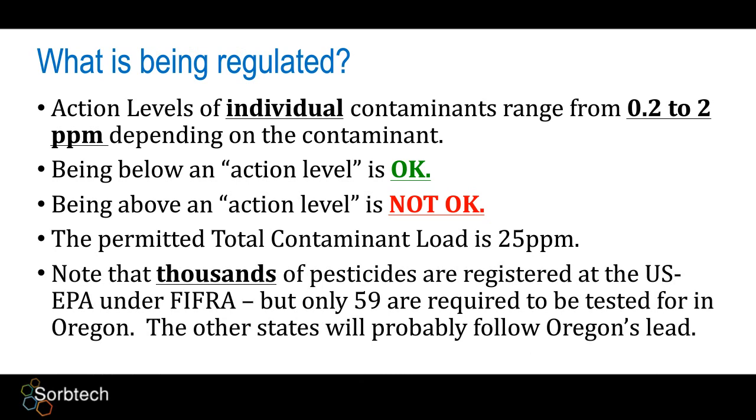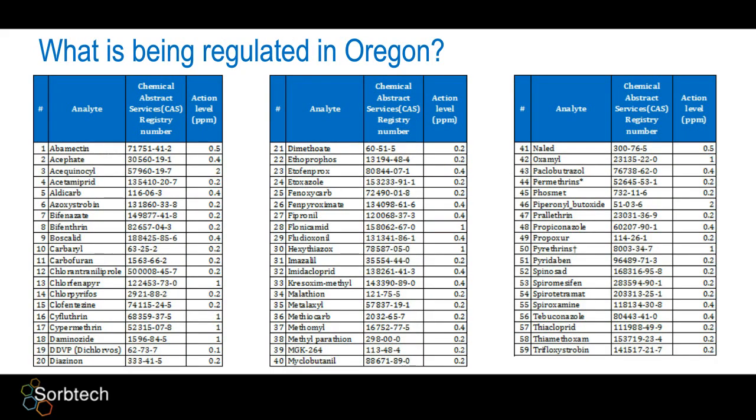Now, please note that there are thousands, actually probably tens of thousands, of pesticides that are registered at the U.S. EPA under FIFRA, but we only test for 59 because most of them, in fact, aren't used, aren't produced for one reason or another. So now what is being regulated? Well, this is the list.